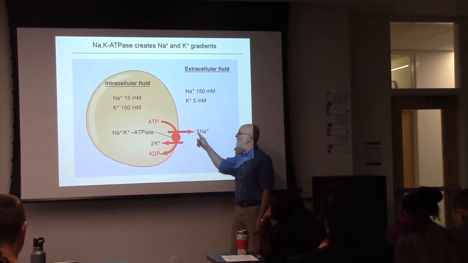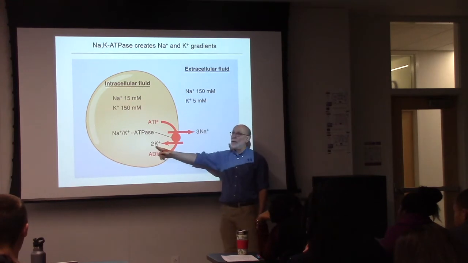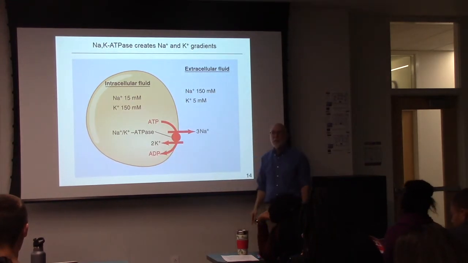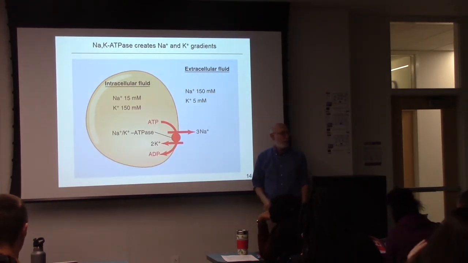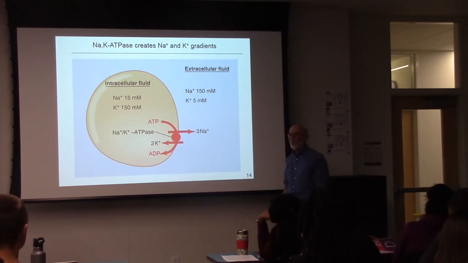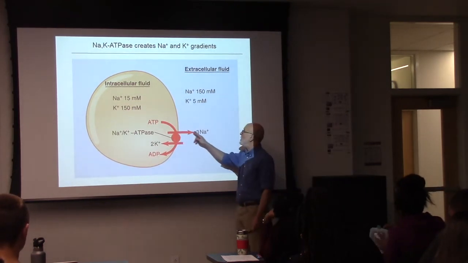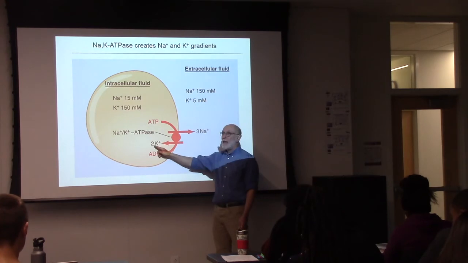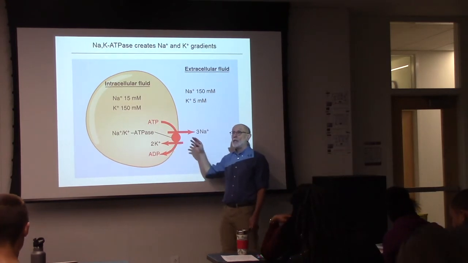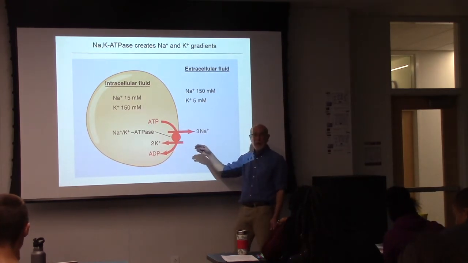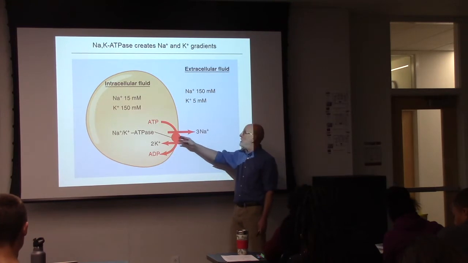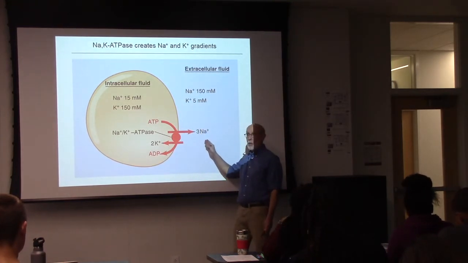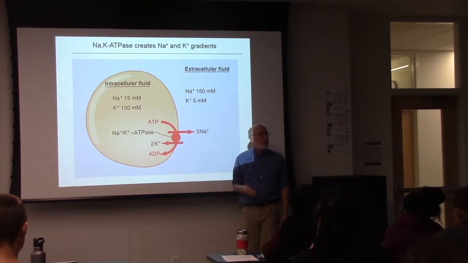In Cell Phys, I didn't need you to know the numbers, but now we're in A&P and I do. It pumps 3 sodiums out for every 2 potassium in. So every time ATP is hydrolyzed by this protein, it's the net flow of ions outward, right? One charge is moved outward.